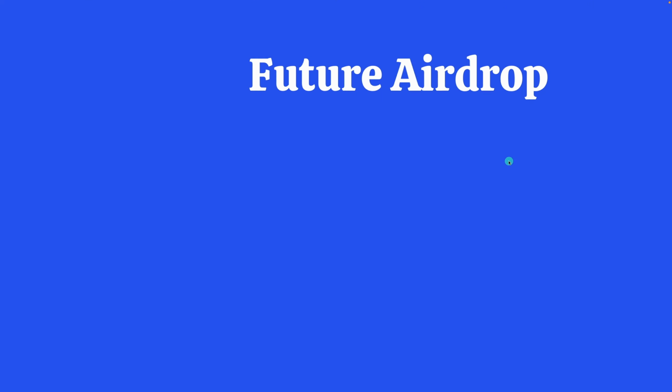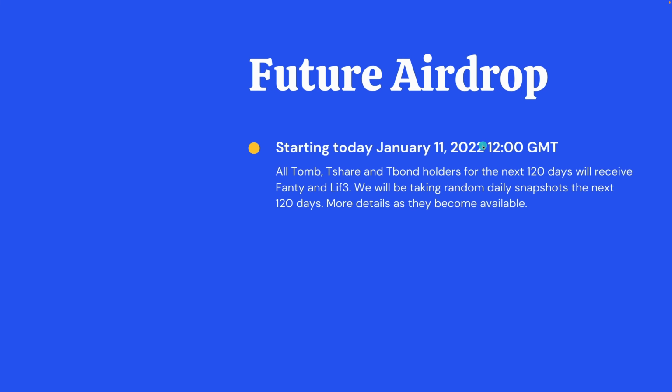Now, I might have something for you. Of course, especially if you're a degen like me. Future airdrop. Now, I just read this on the Tomb Discord, and here you can see this. Starting today, January 11th, 2022, all Tomb T-share and T-bond holders for the next 120 days will receive Fanti and Life.